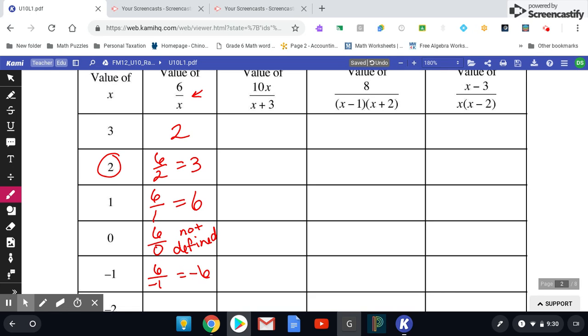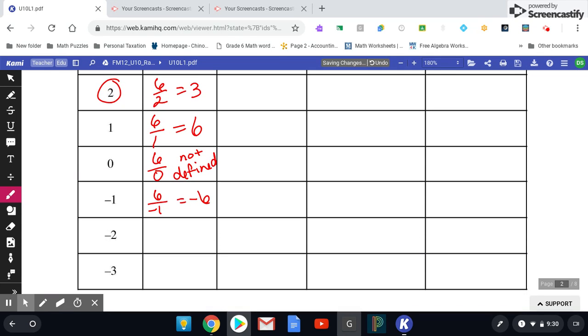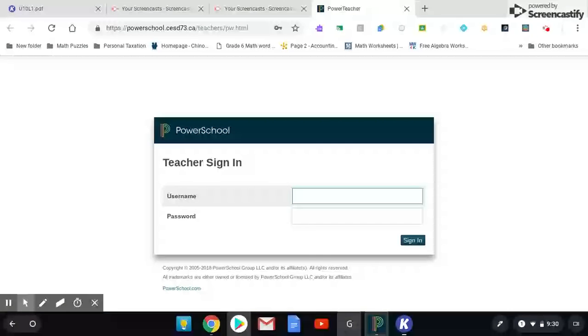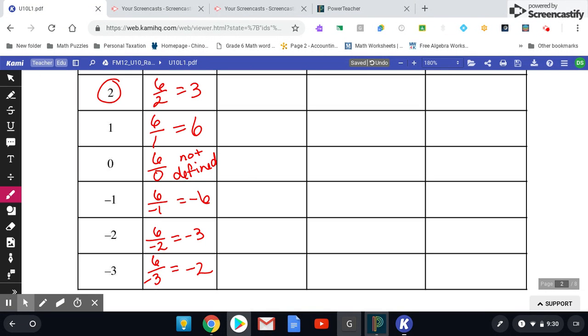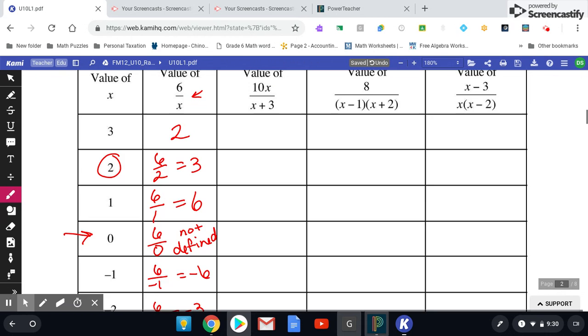No problem. Same thing with the rest of these. There is no issue with dividing by those numbers. The only place it is not defined is this spot right here. All right, let's go back to the top.